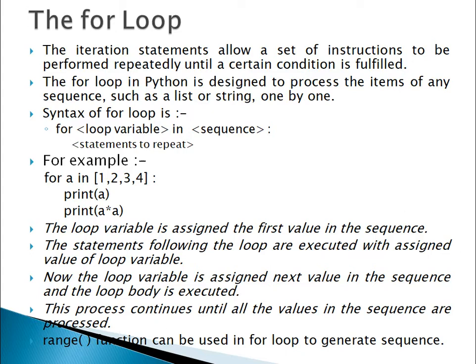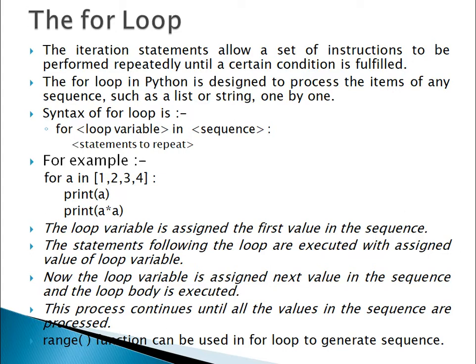This process will continue until all the values in the sequence are processed. And the last point that we have already discussed, that you can have a given sequence in this for loop, or you can use the range function to generate a sequence for you.